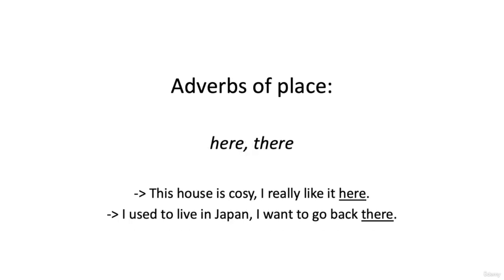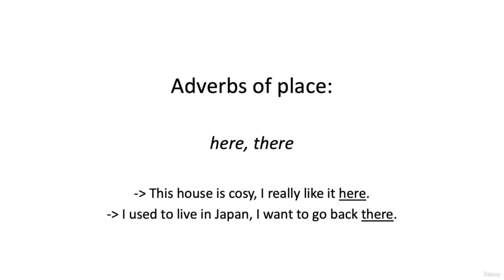Two very common adverbs of place are here and there. They give a location relative to the speaker. With verbs of movement, here means towards or with the speaker, whereas there means away and not with the speaker. For example, this house is cozy.